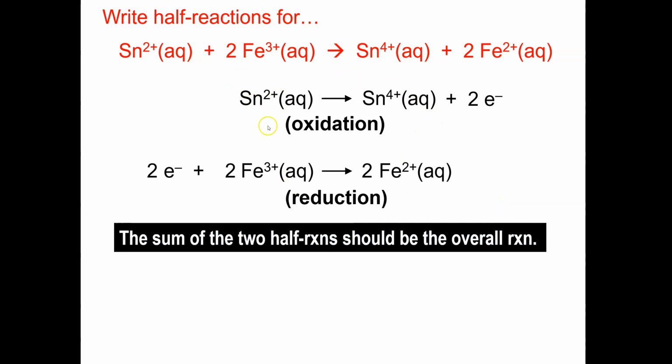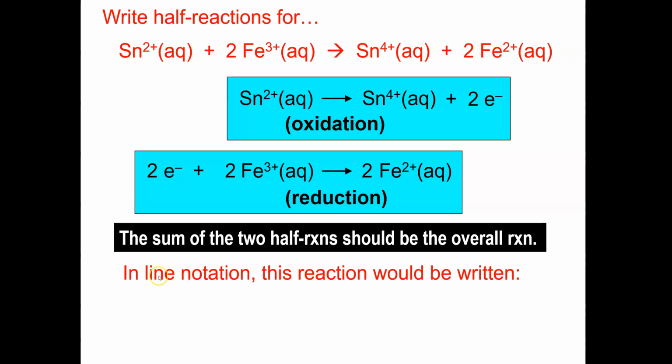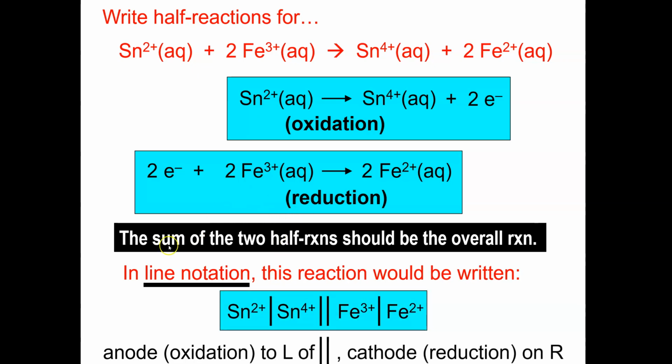So we're going to take these 2, we're going to add them all together, and we're going to bring them down. We're going to cancel out the electrons, and we'll be using what's called line notation. So line notation basically is a way to represent those. You can actually just write these up as a line with 2 brackets in the middle, and this would represent the anode.